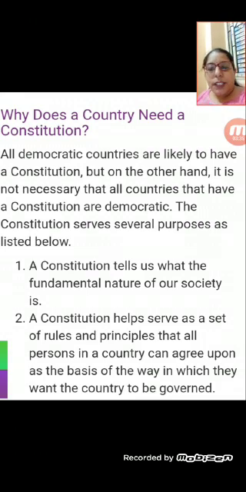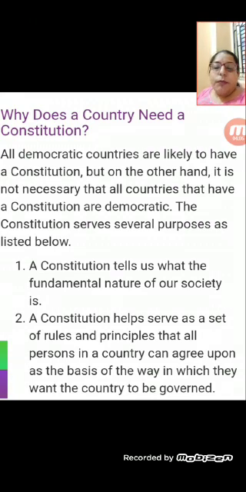Here we are going to take the example of Nepal, which was a monarchy until 2006. Till 2006, there was the rule of a king in Nepal, and people for decades were struggling to establish democracy in Nepal. Finally, in 2006, they got success and the government was changed from monarchy to democracy.